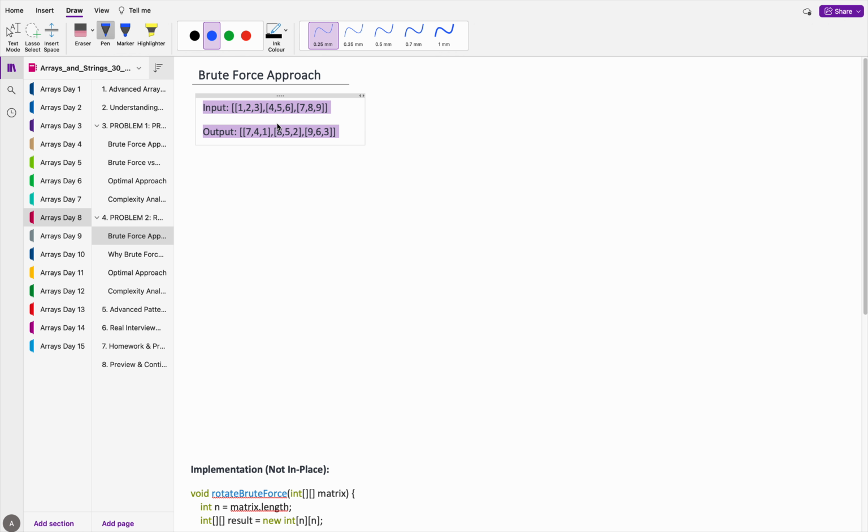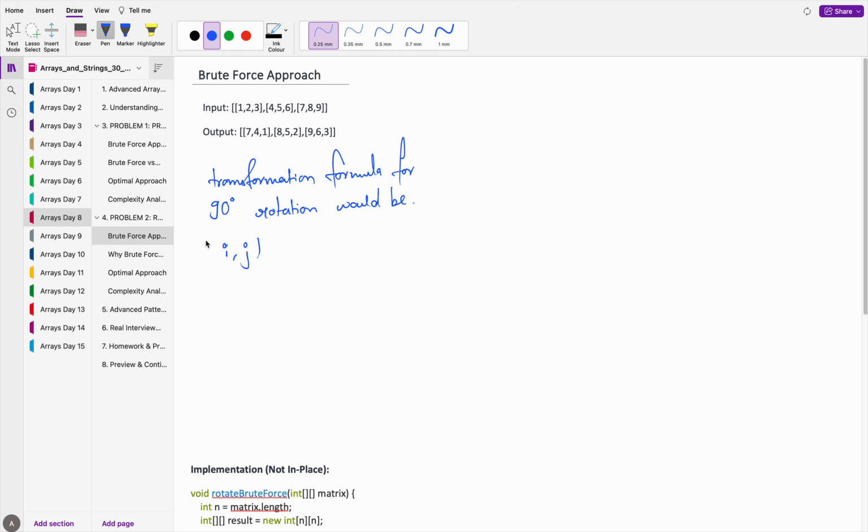Because if we put directly, the transformation formula for 90-degree rotation would be I comma j would become j comma n minus 1 minus I. Okay, so if we replace directly then the previous information would be removed है ना, ऐसा तो हो जाएगा, like 1 2 3 4 5 6 7 8 9.